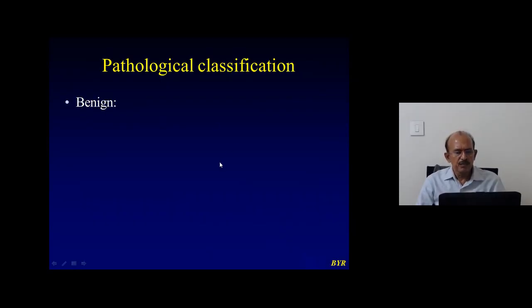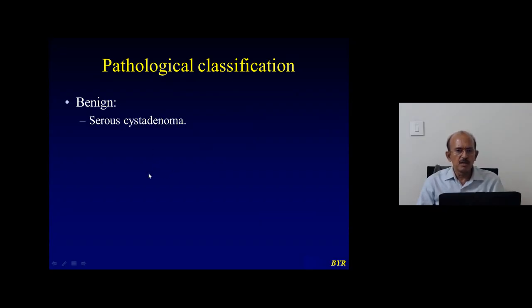So there is physical classification. Physical classification is into solid and cystic masses. Cystic masses again serous cystadenoma and mucinous cystadenoma. In the mucinous type, we have the mucinous cystadenoma and mucinous cystadenocarcinoma. Pathological classification: benign tumors and malignant tumors.